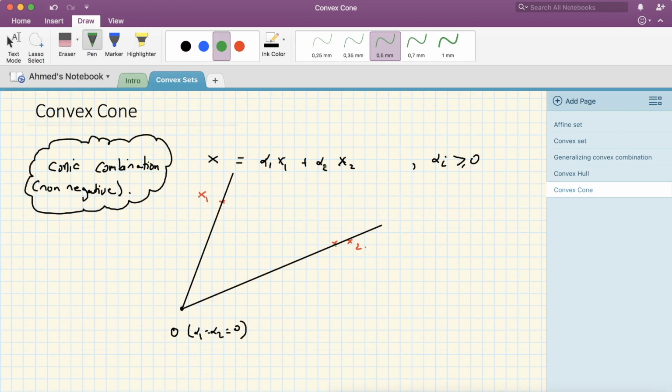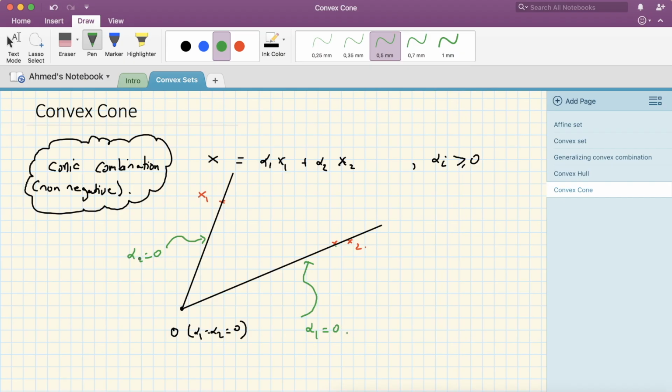Now take the extreme case when alpha 2 is 0. This means that you will lie on a line of the form alpha 1 x1, which is the line connecting 0, the origin, with x1. This line right here is the case where alpha 2 is 0. Similarly, this line right here is the case where alpha 1 is 0.